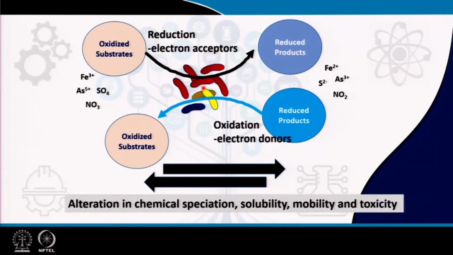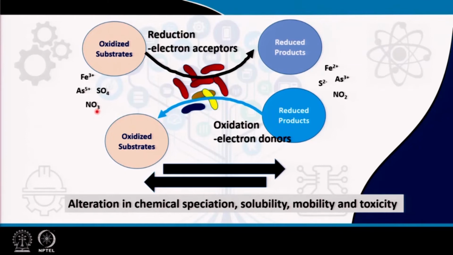environment. But the other part of this interaction is that these oxidation reduction reactions facilitate alteration in the chemical speciation or chemical properties of these inorganic molecules, inorganic compounds. They alter the solubility of these compounds, they alter the mobility of the compound in the environment, and sometimes they alter the toxicity of these compounds which are present in a habitat.